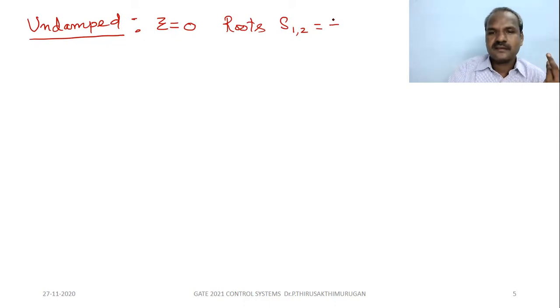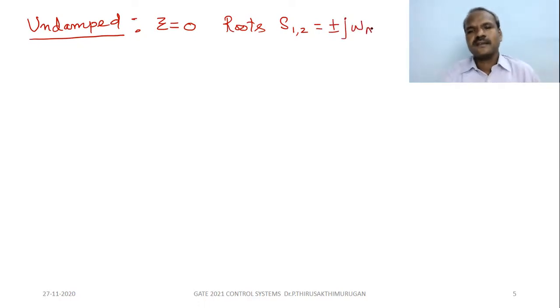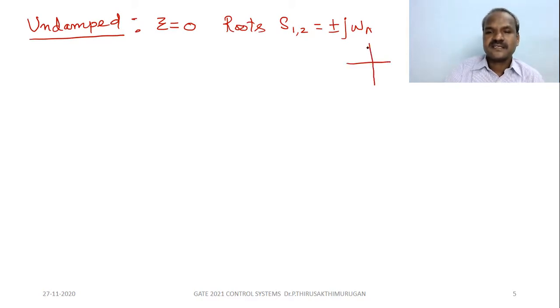Only the imaginary term, so S1,2 is plus or minus j omega n. Where does it lie? It lies on the imaginary axis, here j omega n, here minus j omega n.